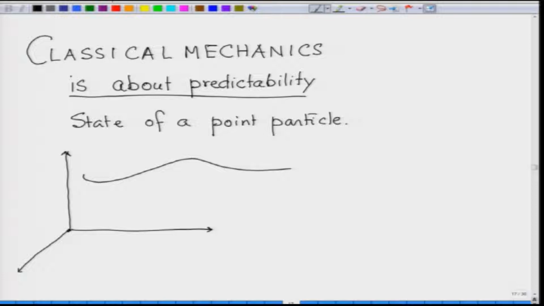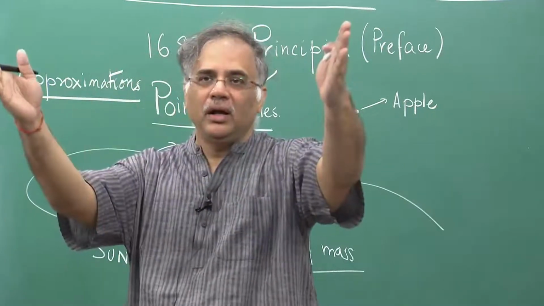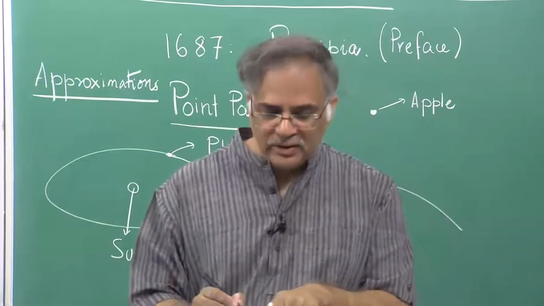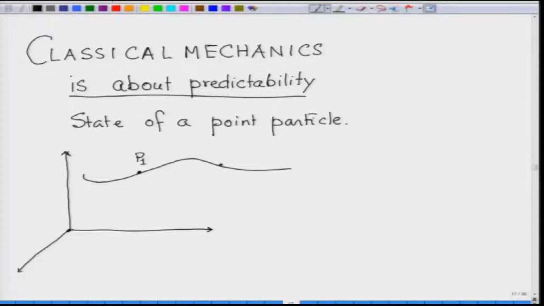Take this point particle P. As it moves along a curve in 3-space, it changes its position in time. At time t1 it is here, which I call p1, and at time t2 it is here. Its position at t1 is given by a radius vector r(t1) and here by the radius vector r(t2).